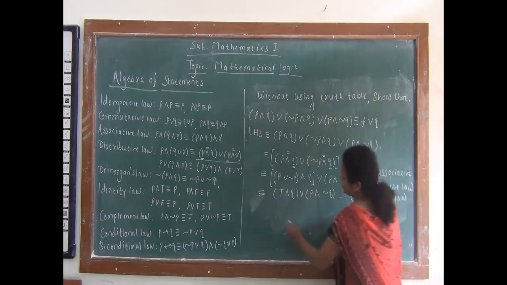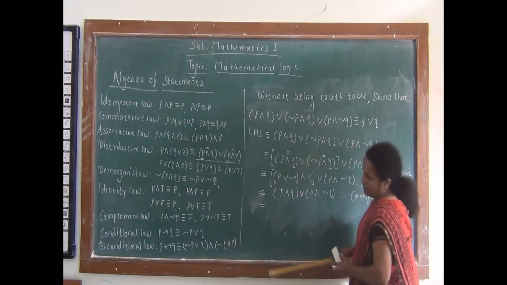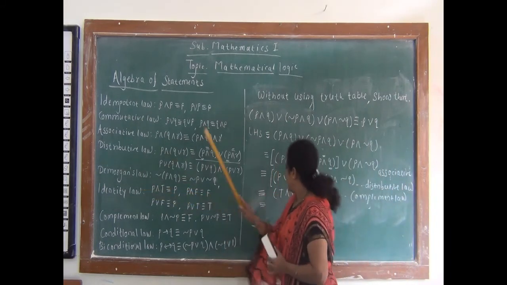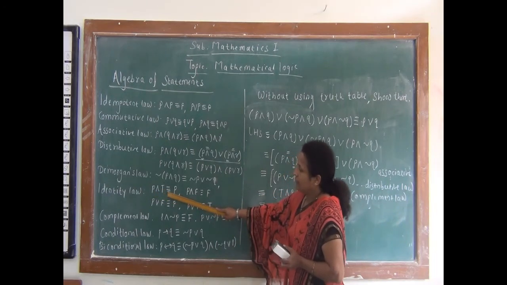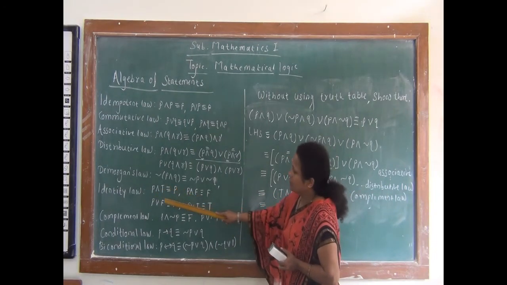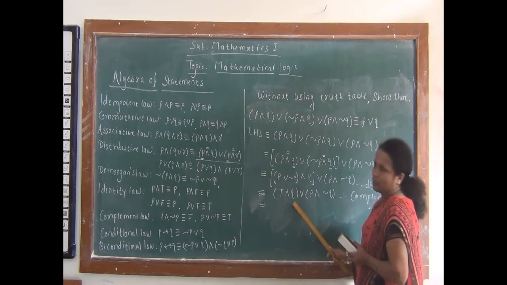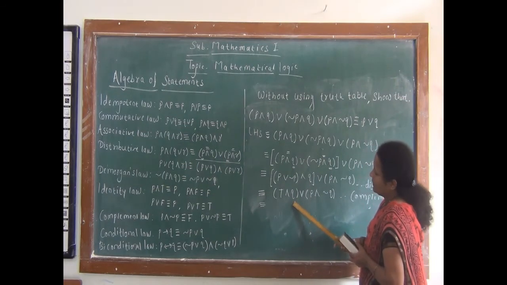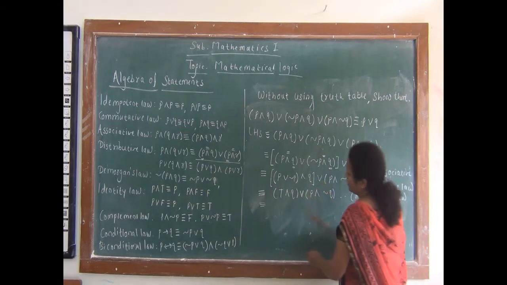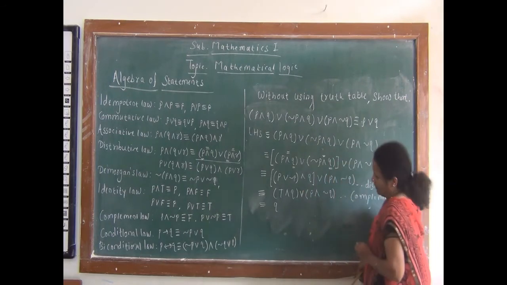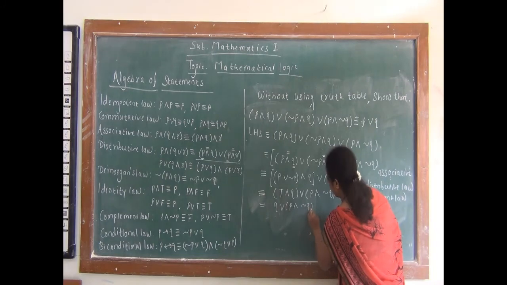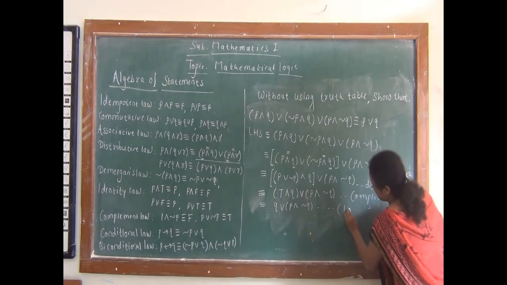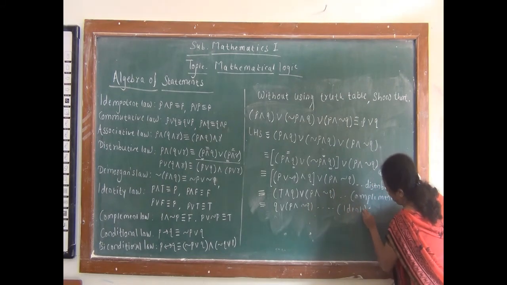And now for this capital T, we use identity law, that is P and T equivalent to P. Here this P is replaced by Q. So by identity law, we write here for this T and Q equivalent to Q or P and negation Q. Write here reason, identity law.